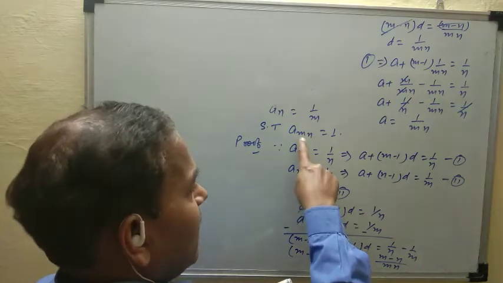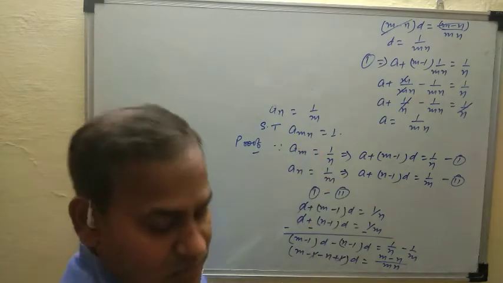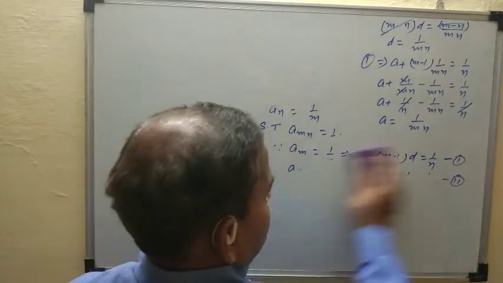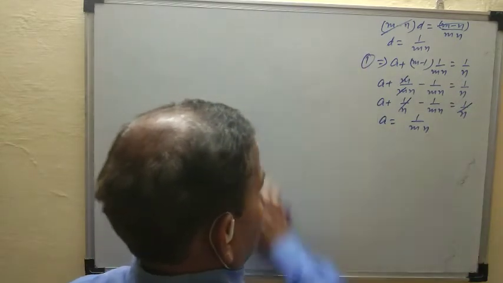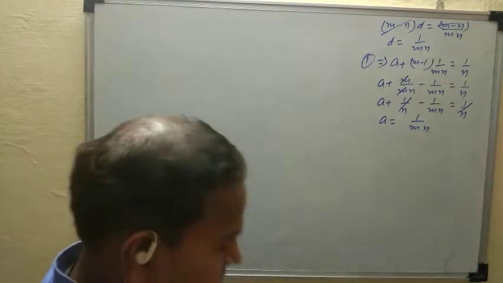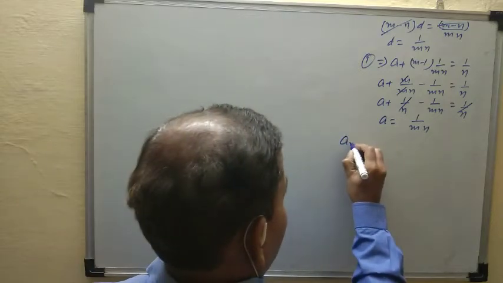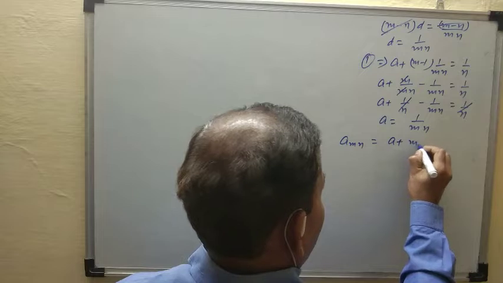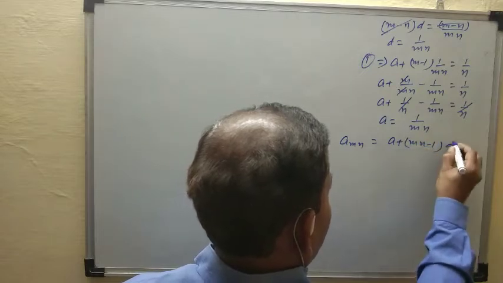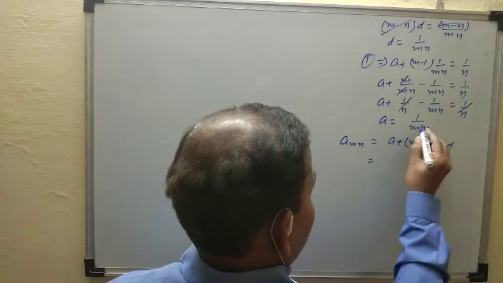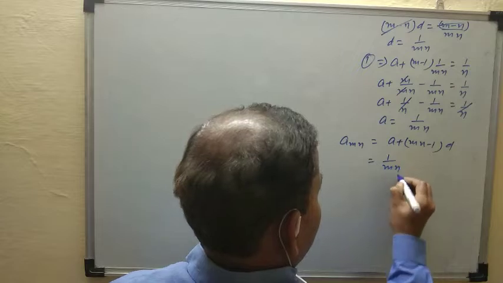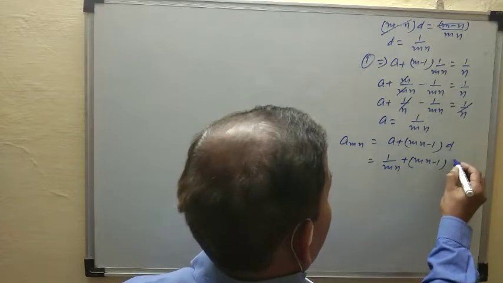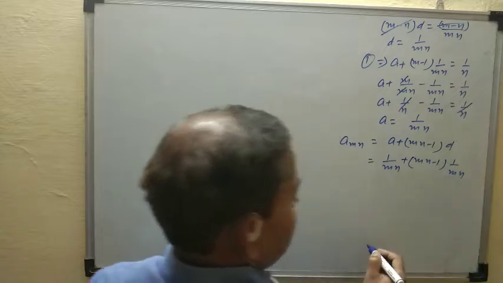Now show that the mnth term is 1. So now find the mnth term. For the mnth term, amn is equal to, use the formula, a plus mn minus 1 into d. So this is equal to a, the value of a is 1 by mn, plus mn minus 1, the value of d is also 1 by mn.